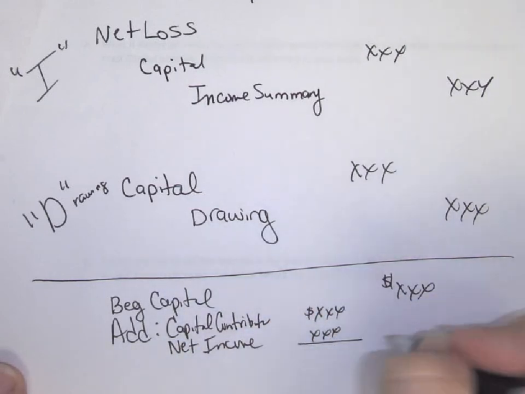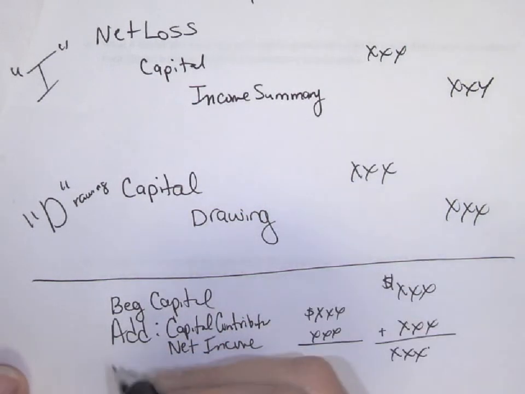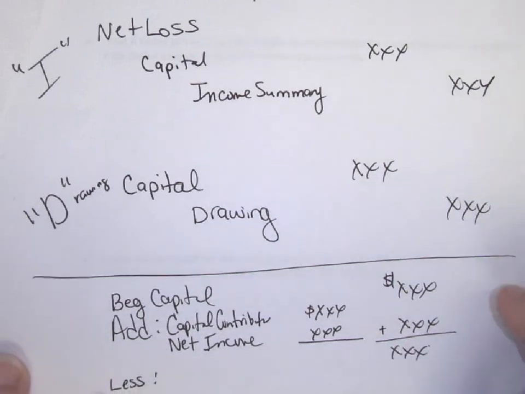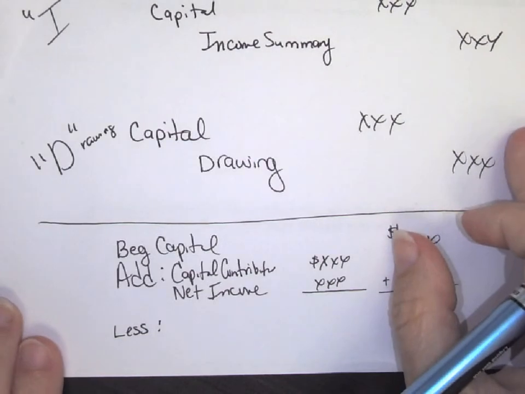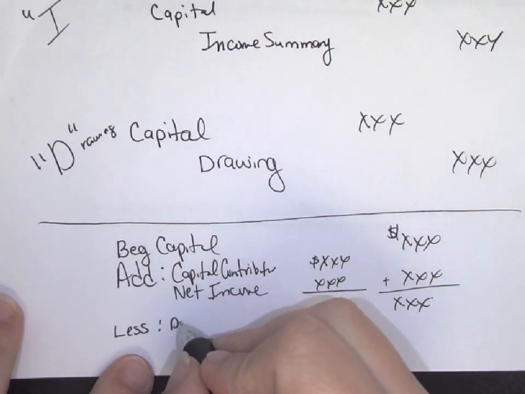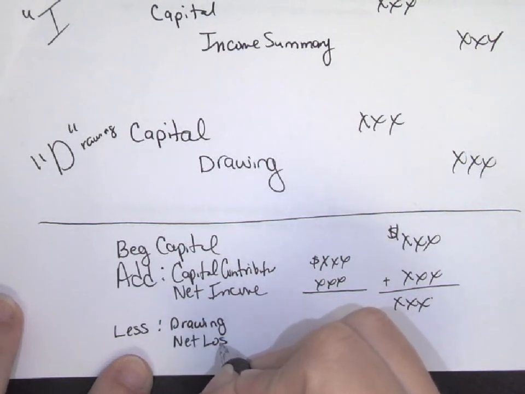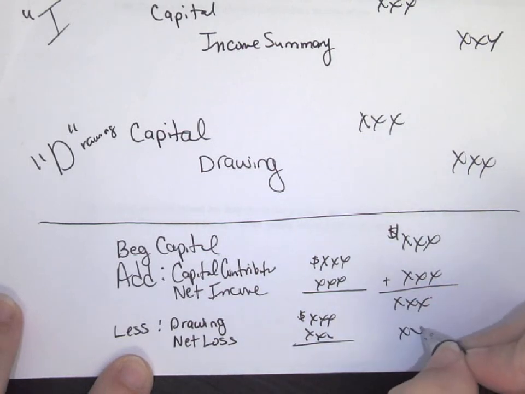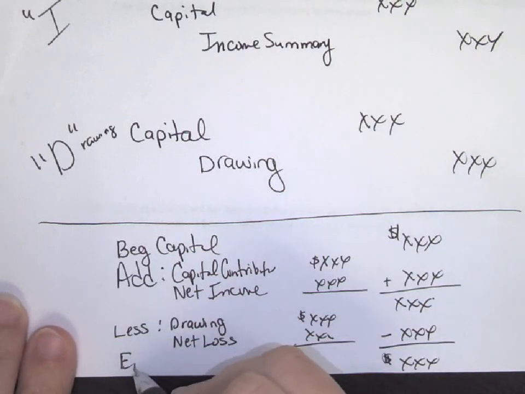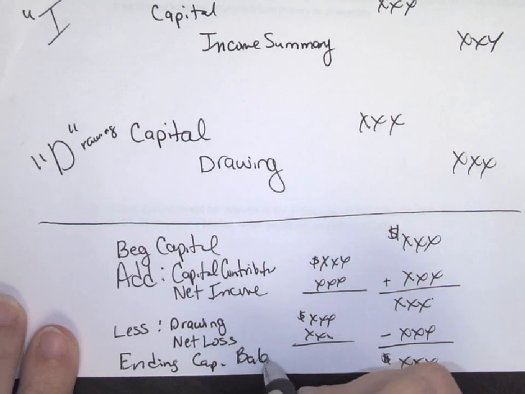We would add those items together and get a subtotal. Then we would subtract a couple of items, and the things we would be subtracting are going to be the drawing account. And if you had a net loss, it would go in here. So we finish that out, subtract that, and what that gives us is our ending capital balance.